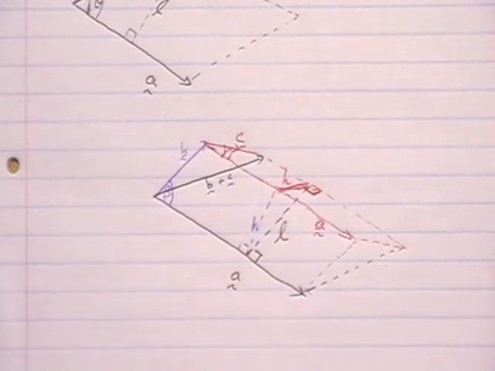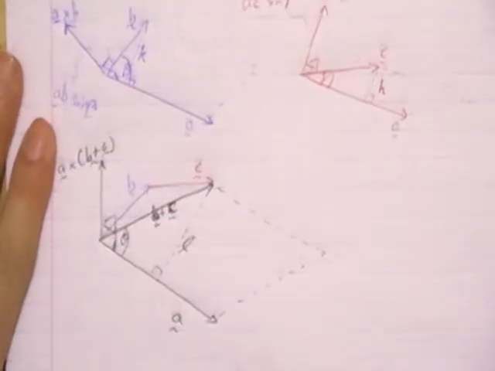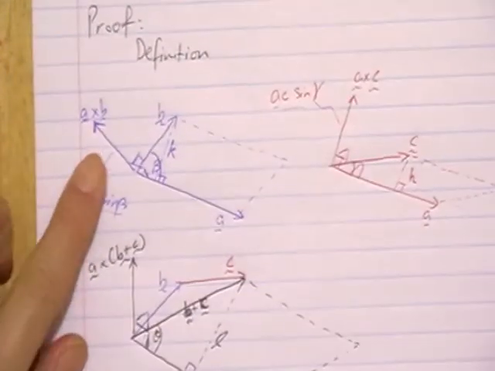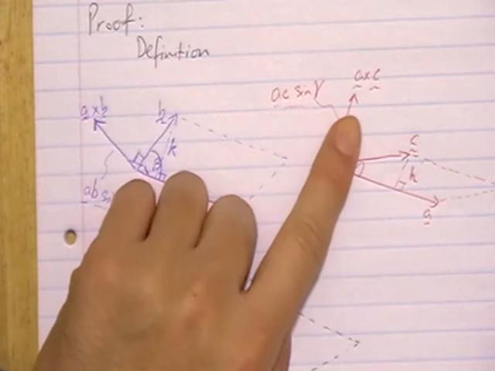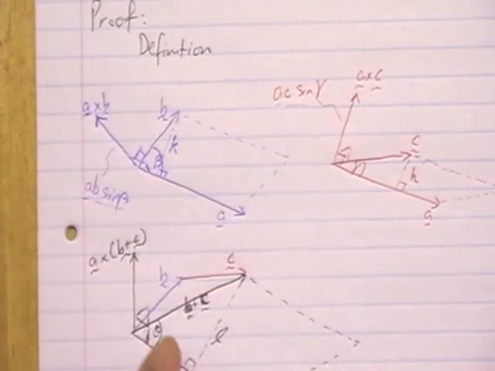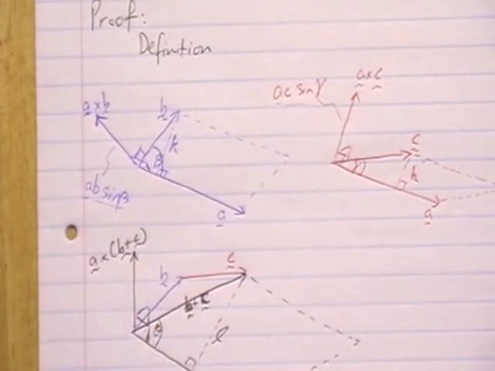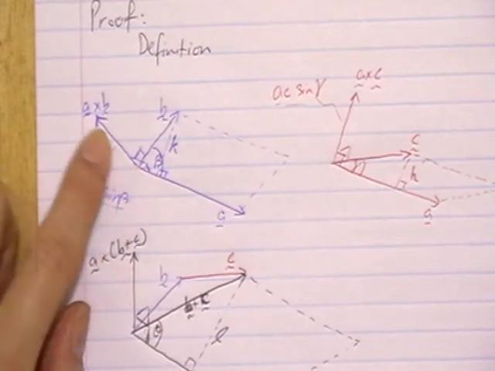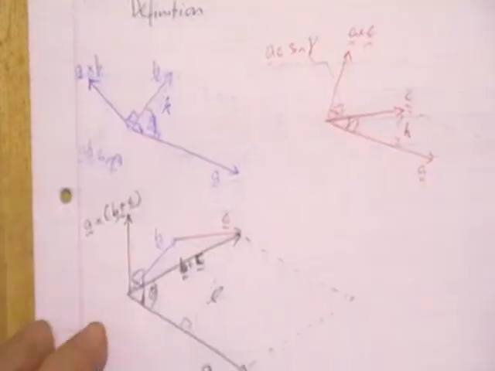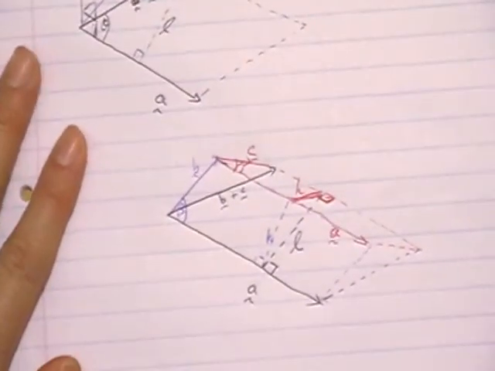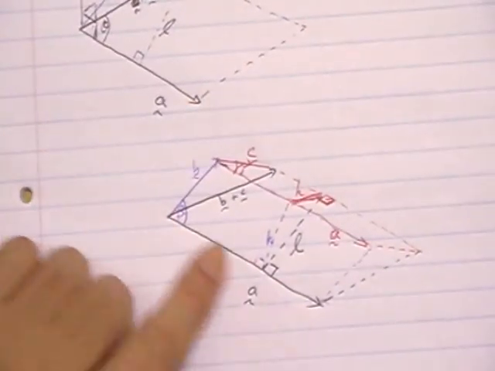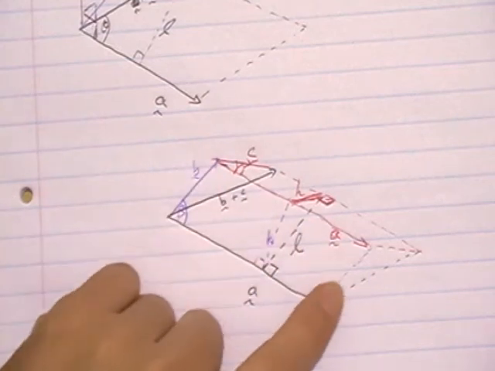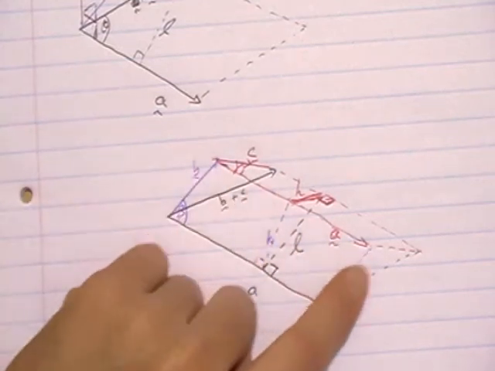Okay, now I'm going to think about the 3 cross products, that one, and this one. So this cross product, A cross B, is perpendicular to this plane, this parallelogram.